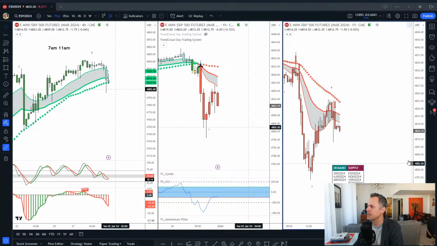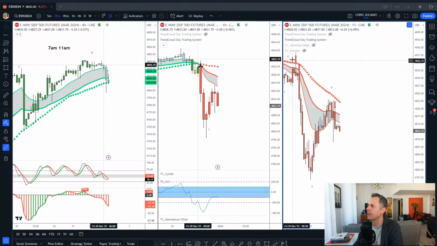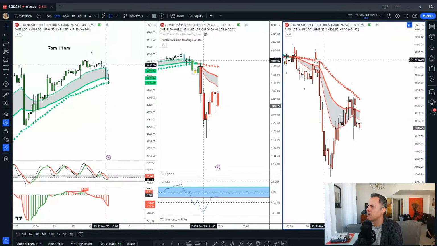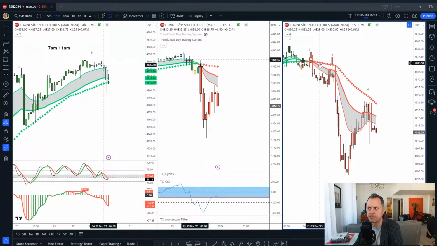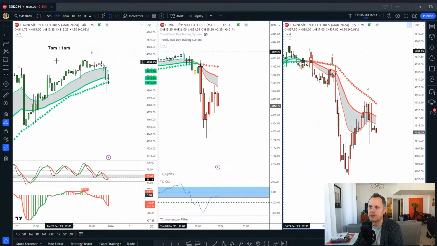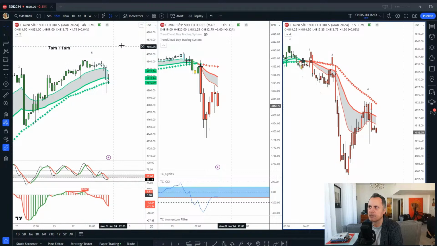The moves that I'm talking about are these right here. These TrendCloud signals line up very well between 7 and 11.